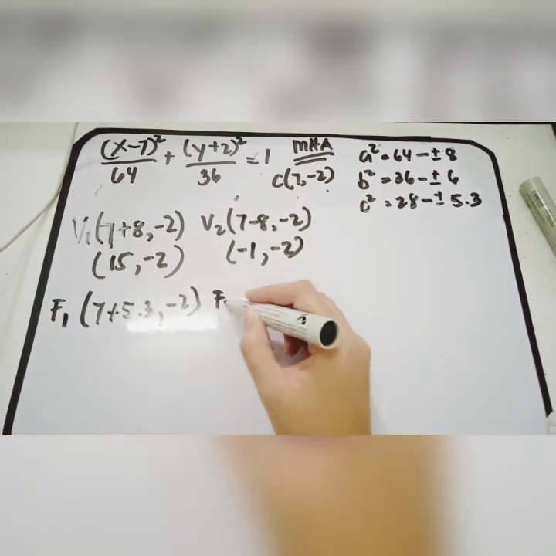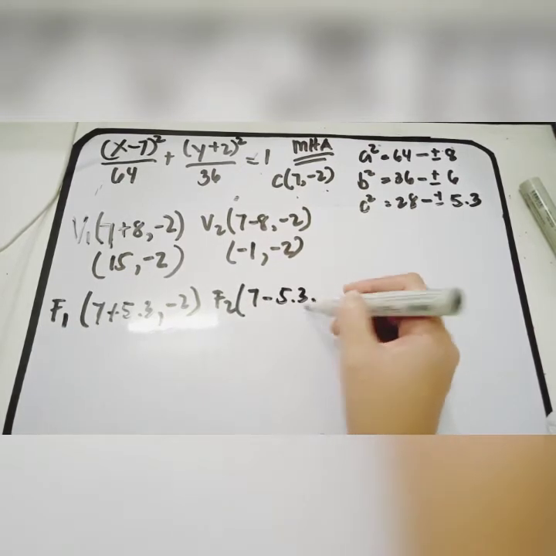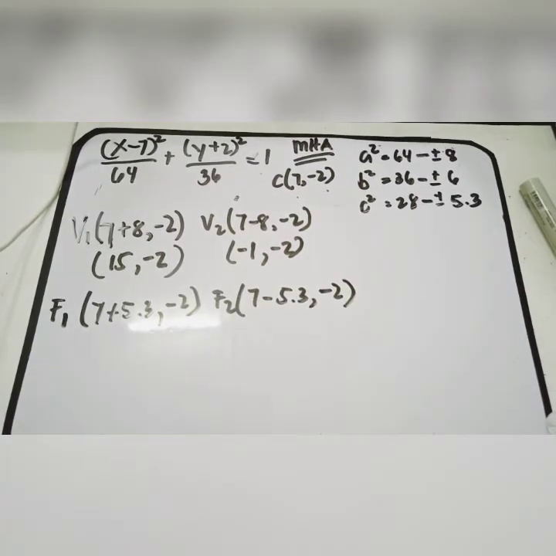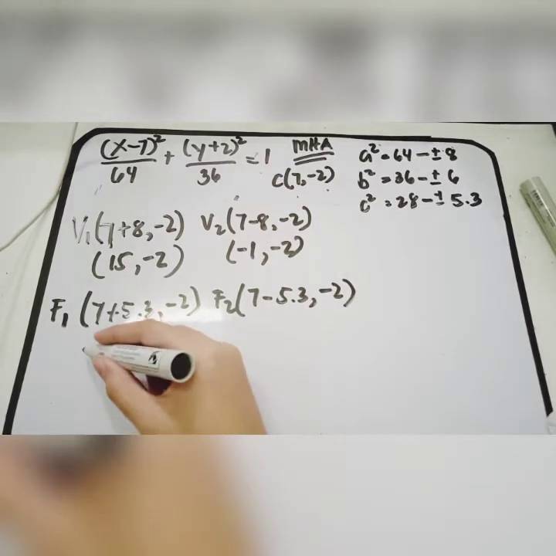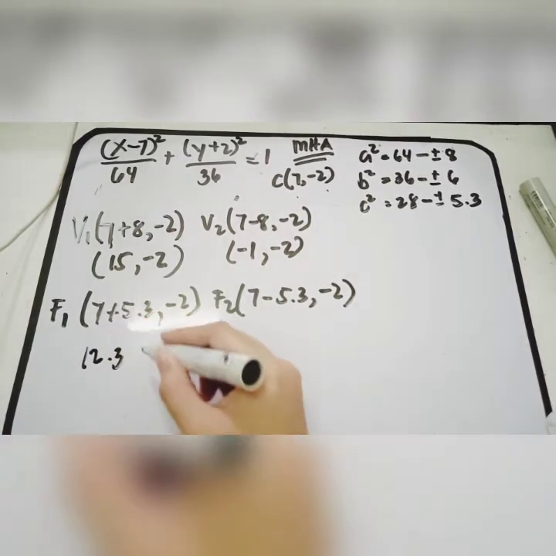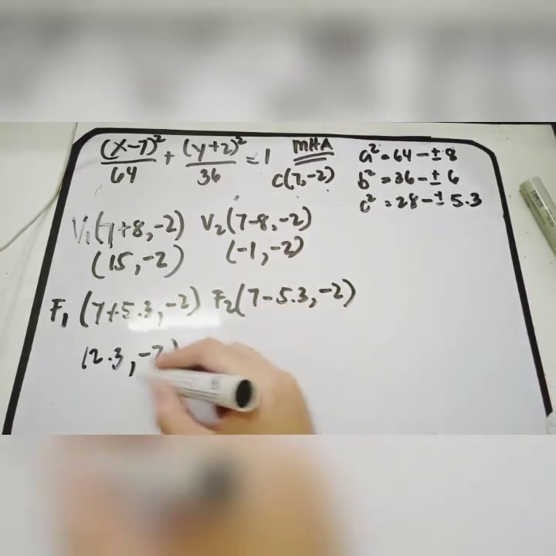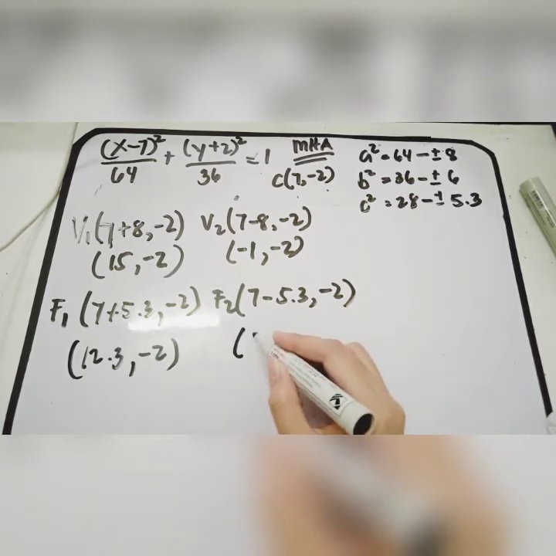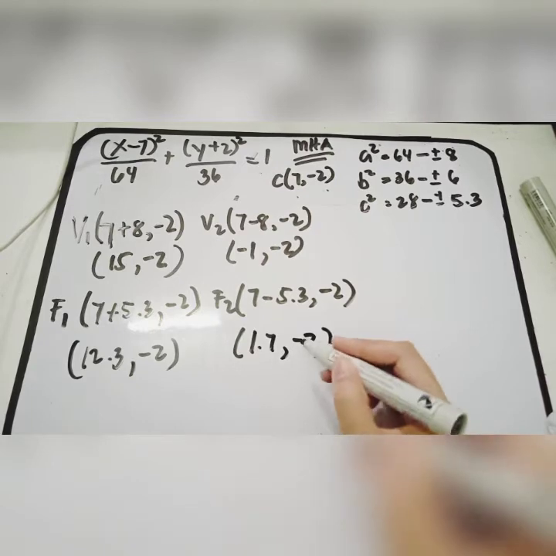And for focus 2, it's 7 minus 5.3, comma, negative 2. So 7 plus 5.3 is equal to 12.3, comma, negative 2. For the F2, 7 minus 5.3 is equal to 1.7, comma, negative 2.